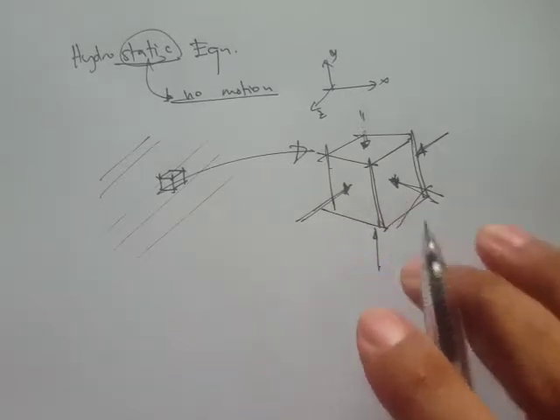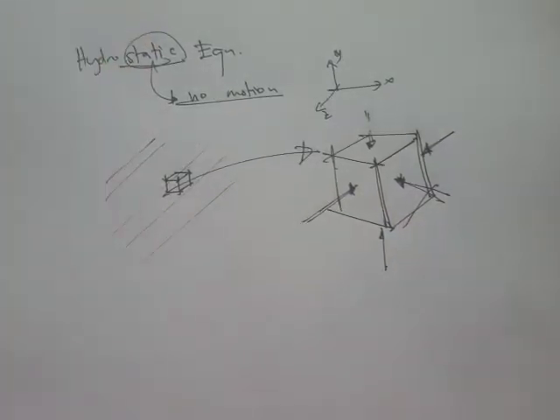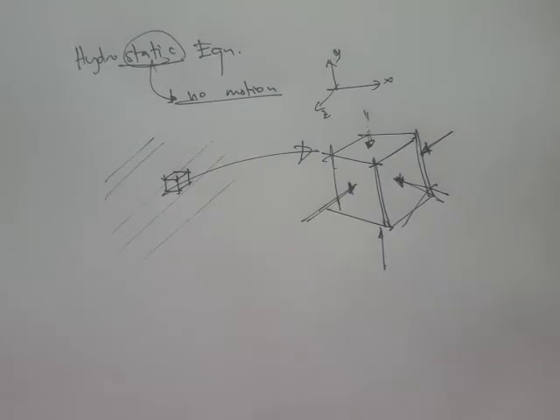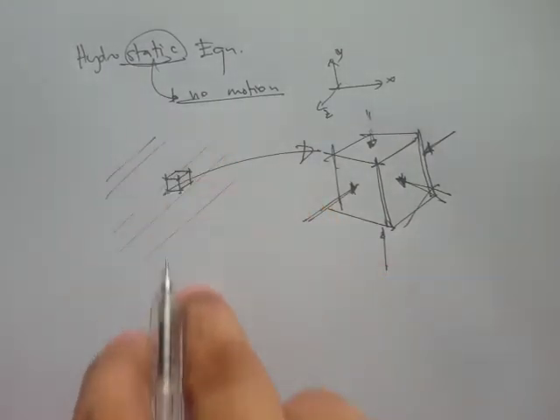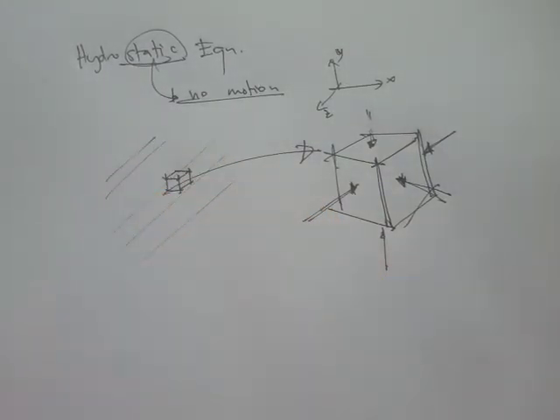And in this hydrostatic equation, it will describe the variation of pressure, if it moves along the x or along the y, what's going to be the pressure relationship, or the pressure function.